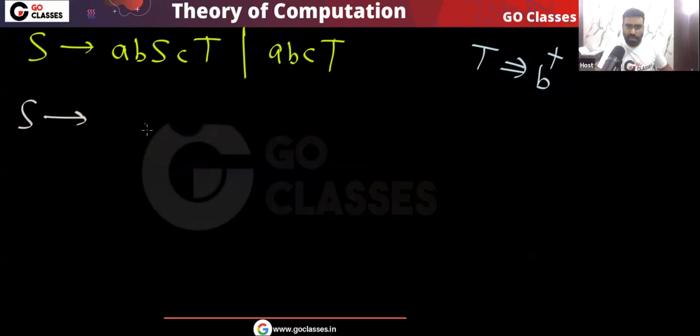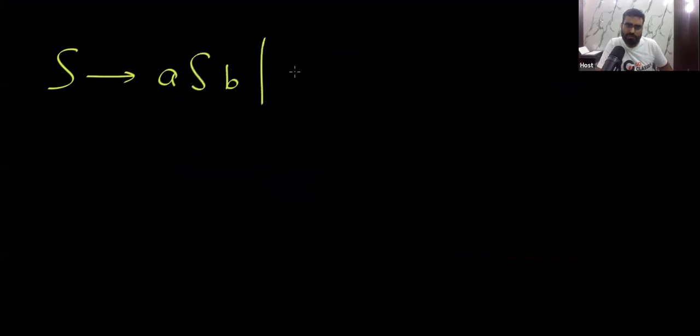You can easily see that for every AB you are getting a CT. When you write it like this, S goes to A S B, and then there is something else here. Let's assume it is Y. Now you tell me what happens here.